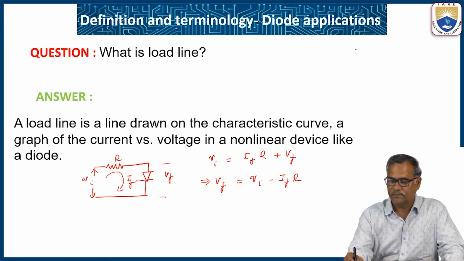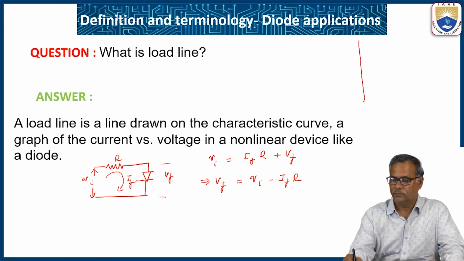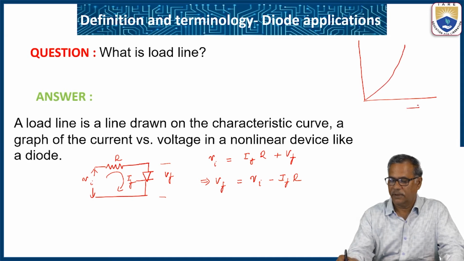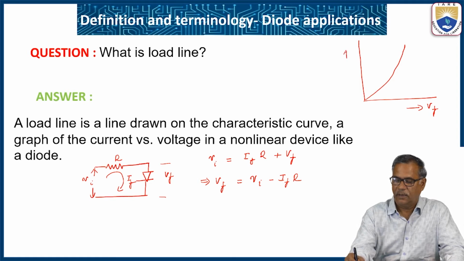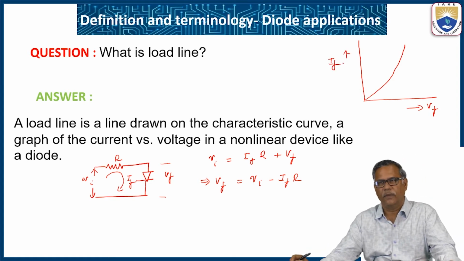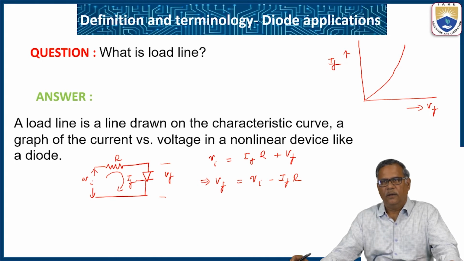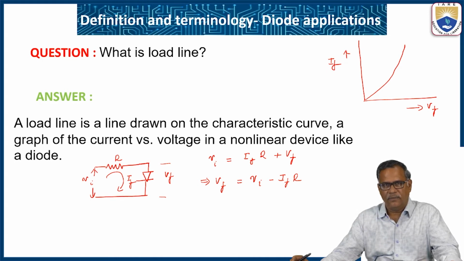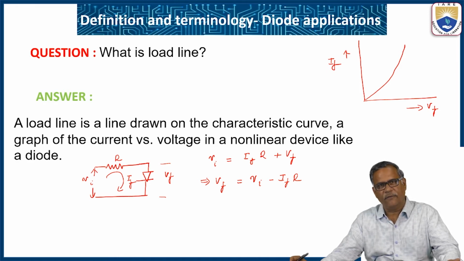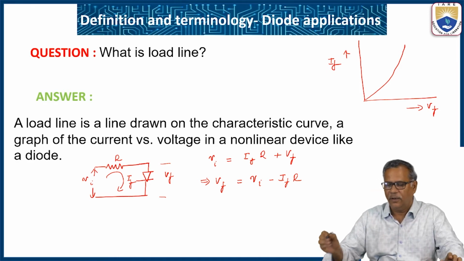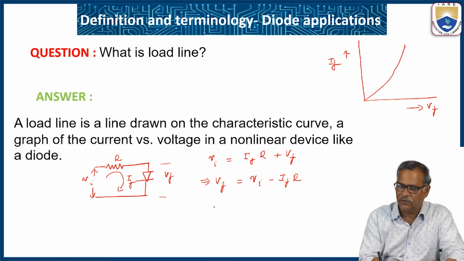It's like this. On the x-axis we take the voltage V, and on the y-axis we take the current If. So on the characteristic curve, we draw the load line. To draw a line, how many points are required? We need 2 points.